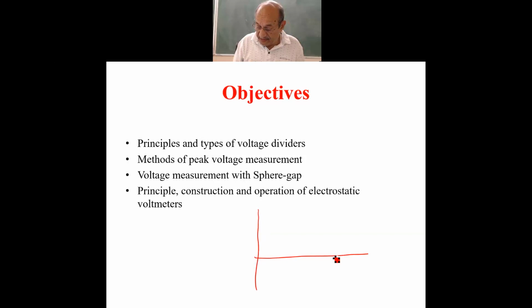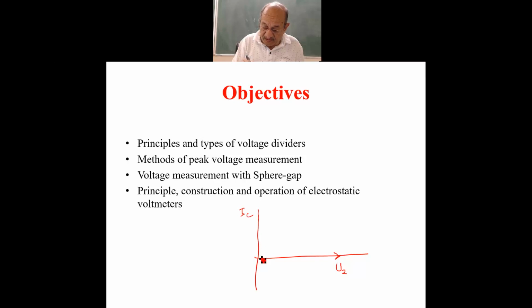So let's say we begin with the voltage U2, that is the output voltage. And this is I leading, I capacitive, you can say. And let's say the capacitor is not 100% capacitive.